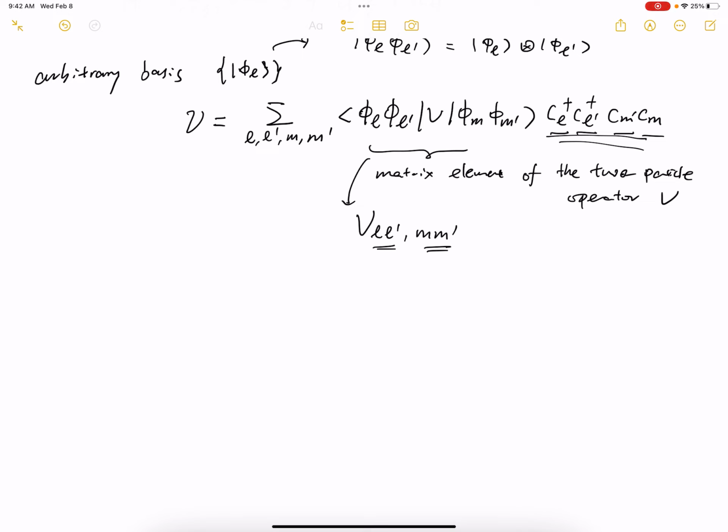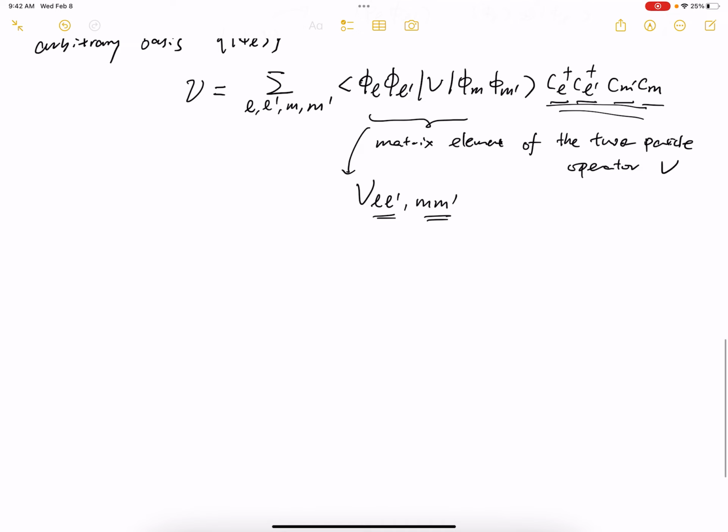Your L can be equal to 0 or 1, and your L prime can also be equal to 0 or 1, and they are independent. That's exactly what we're talking about here. If you really have qubits, then each of these 4 indices is going to be either 0 or 1, and then you are going to have 16 combinations. So it's going to be a 4 by 4 matrix in this case.